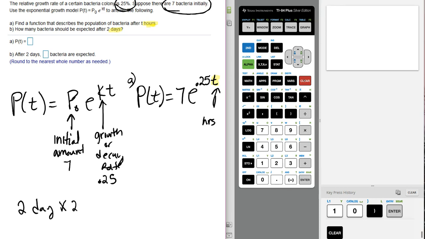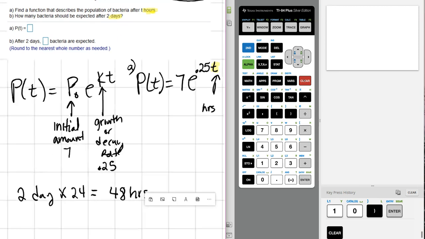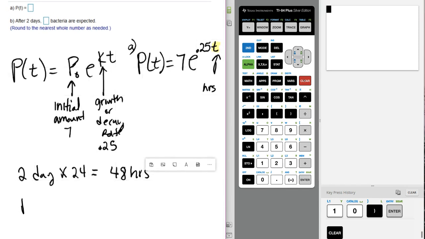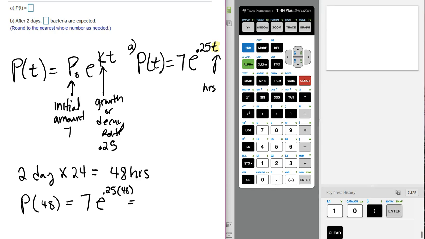So we're going to multiply 24 hours in a day and say that that's 48 hours. 2 days is the same thing as 48 hours. And then substitute 48 hours into what we got from part A. So that's 7. We started off with 7 bacteria, a growth rate of 25%. And after 48 hours, what will we have?